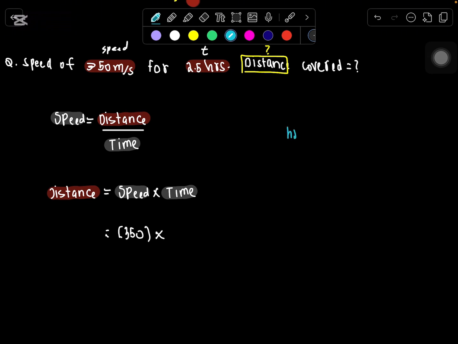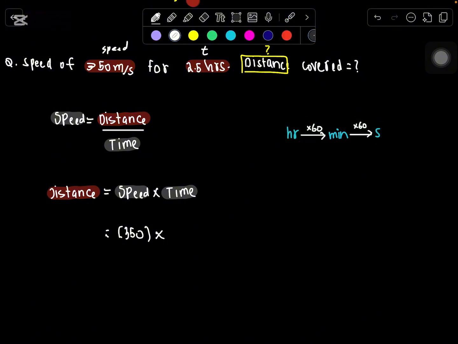So if you're converting from hours to minutes to seconds, let's see how that works. 1 hour has how many minutes? 60 minutes, right? So if you want to go from hours to minutes, you multiply by 60. And a minute has how many seconds? 60 seconds. So when you go from minutes to seconds, you multiply by 60, okay? But if you're going straight from hours to seconds, you multiply by 60 twice.